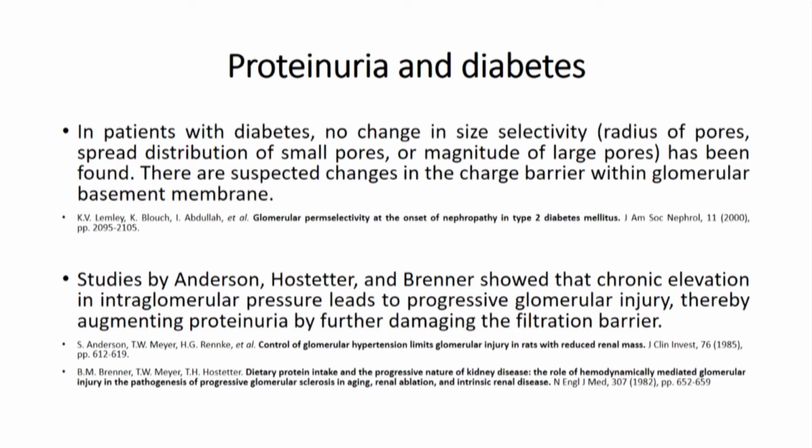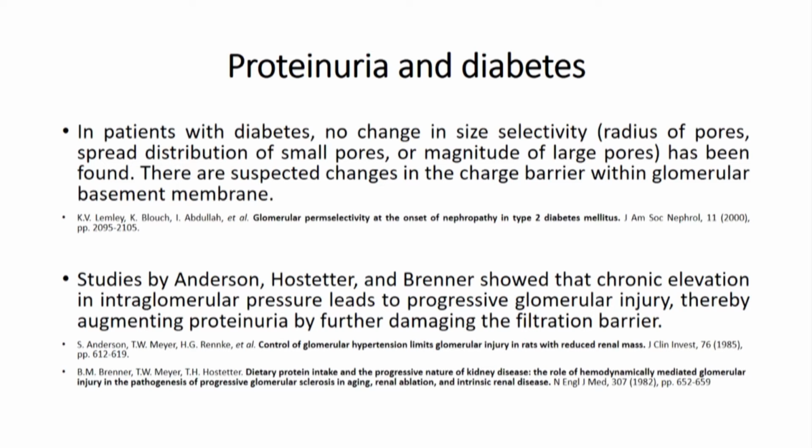During the past years, researchers tried to understand the relationship between diabetic disease and the onset of proteinuria. They concluded that in a patient with diabetes, no change in size selectivity was found, which is of course the meaning of the radius of pores and the spread distribution of small pores or magnitude of large pores.